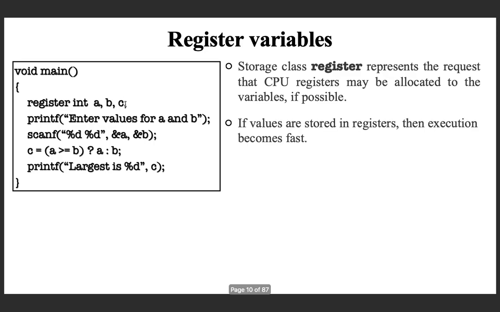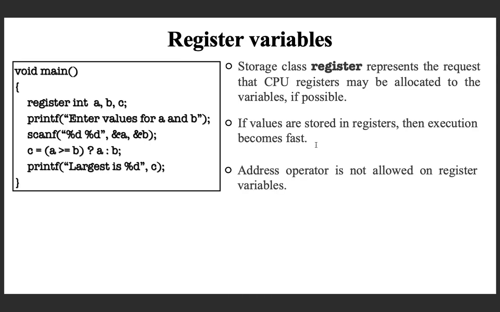That's it. And if the values are stored in registers directly, then execution becomes fast because already the values are available in the CPU registers. Just perform the action without waiting for data copying from memory.